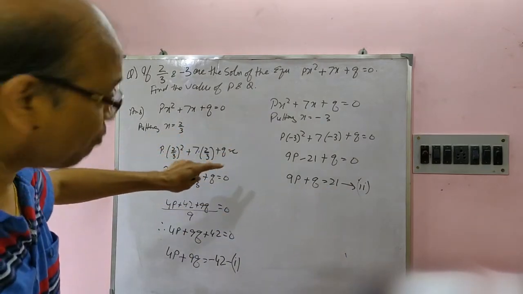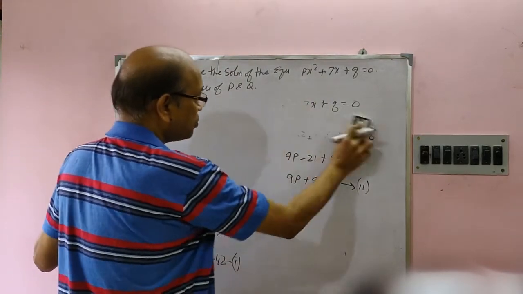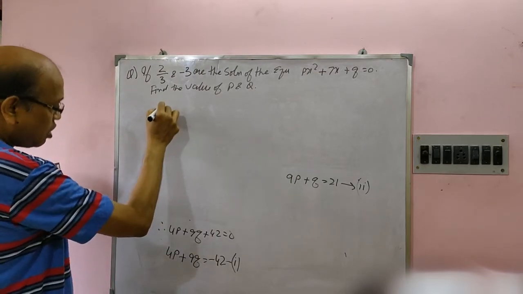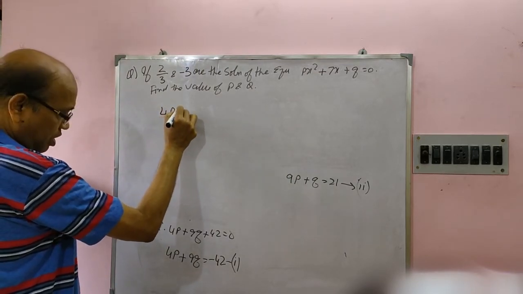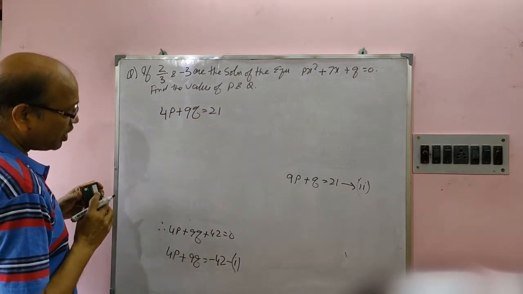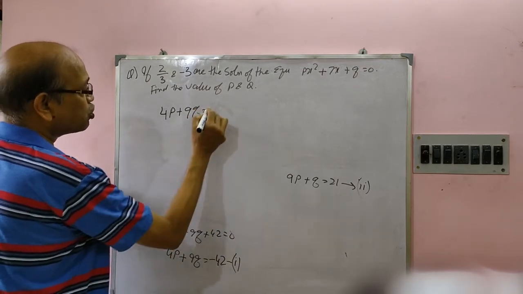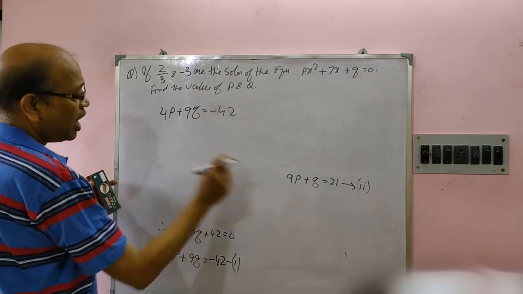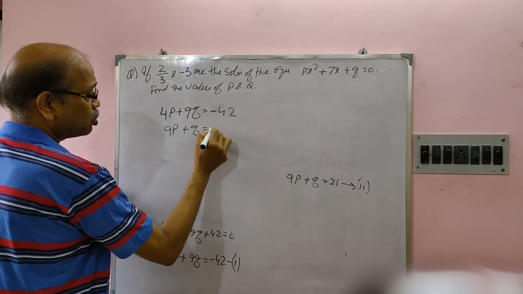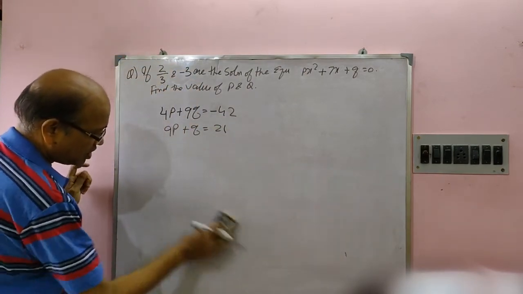Now, what were the two equations? 4p plus 9q is equal to minus 42, and the other equation was 9p plus q is equal to 21. This was the second equation.